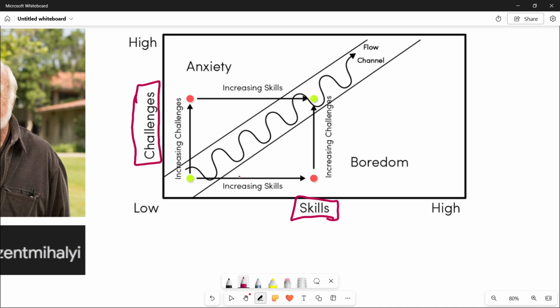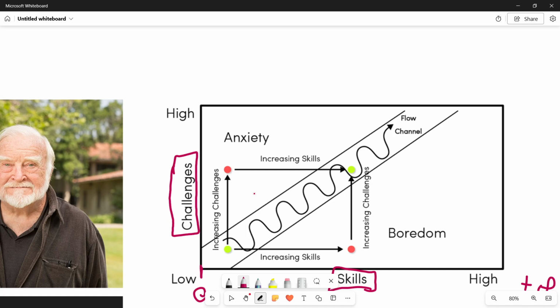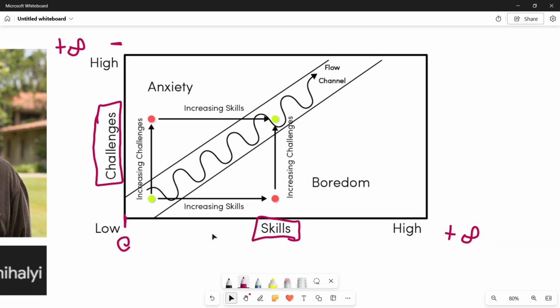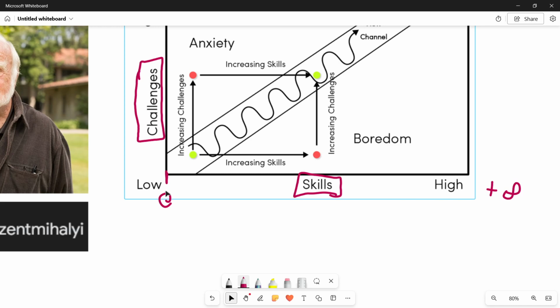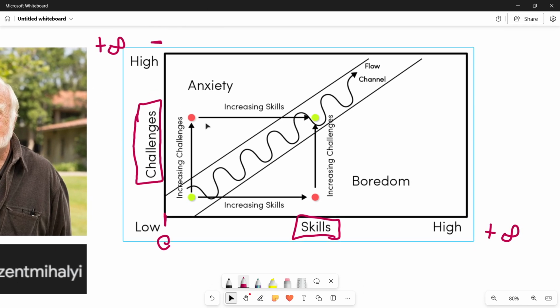And of course, as in maths, this would be 0, and this would be, let's call it, plus infinite. In this case it directly goes from 0, low, to high, and the same thing in challenges.